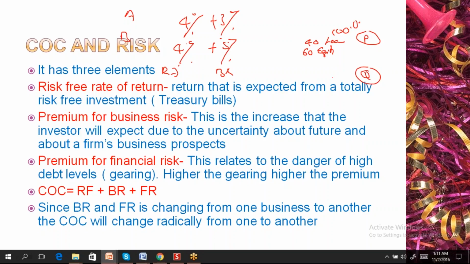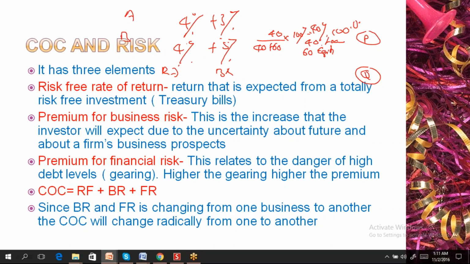So we call this gearing. What is gearing? Gearing is debt divided by debt plus equity. So debt is 40, debt plus equity is 40 plus 60. As a percentage, we call it 40%.